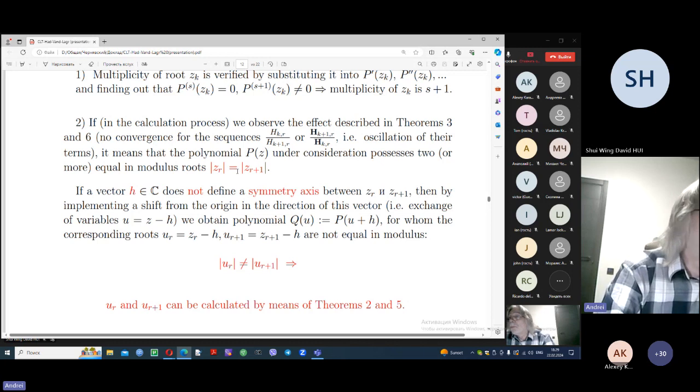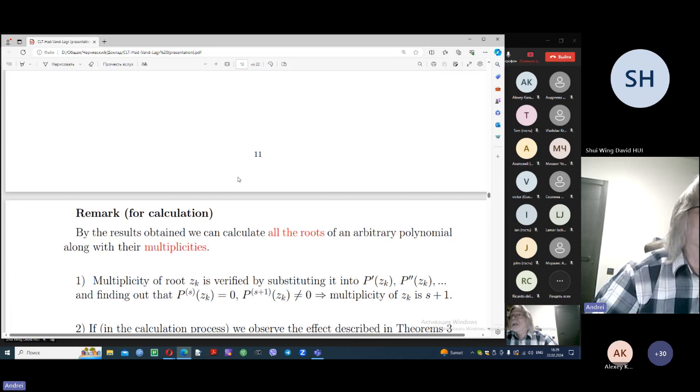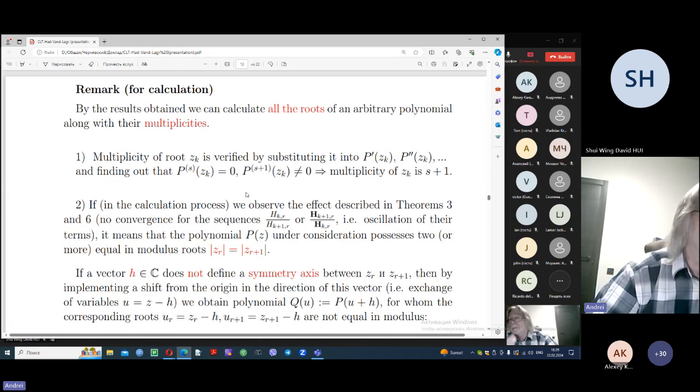So by means of changing the variable, we can always change the variable in such a way that these roots will not be equal in moduli, and therefore we shall calculate them by means of the results when this limit exists.